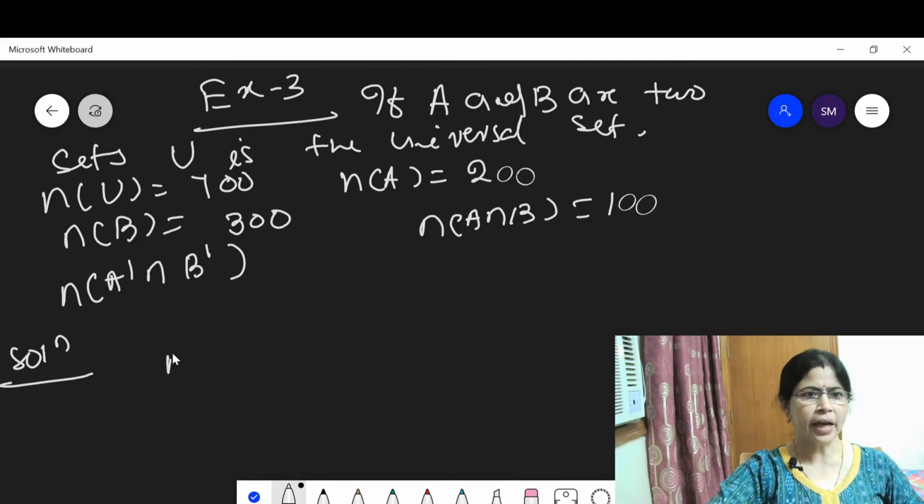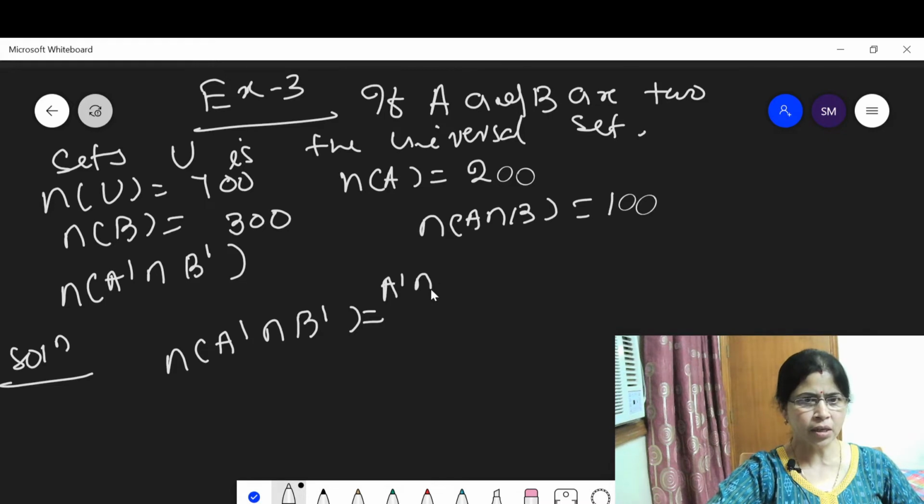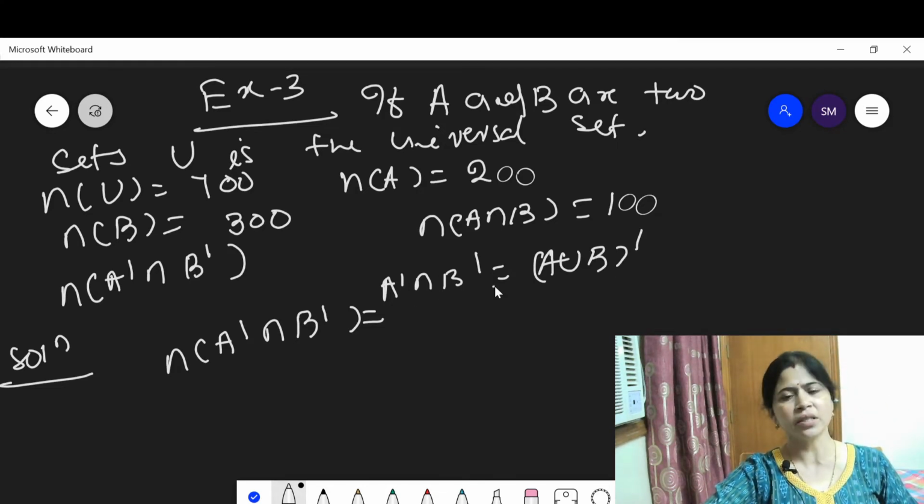As we know that A dash intersection B dash is equal to (A union B) dash. A dash intersection B dash means (A union B) dash. This means n of A dash intersection B dash is equal to n of (A union B) dash.